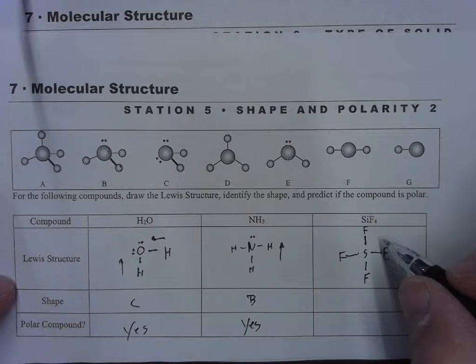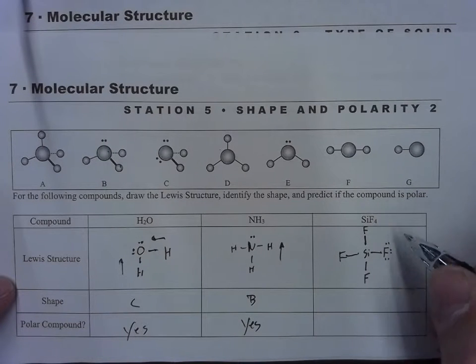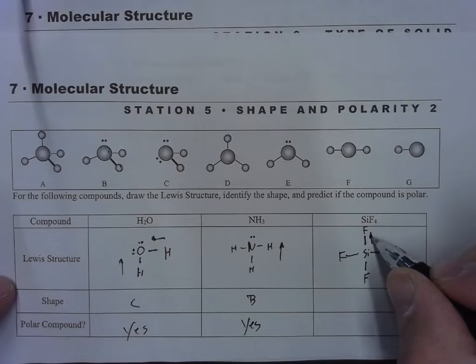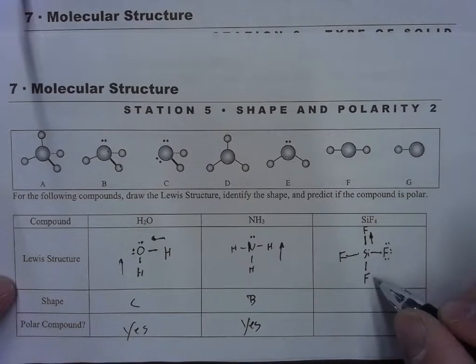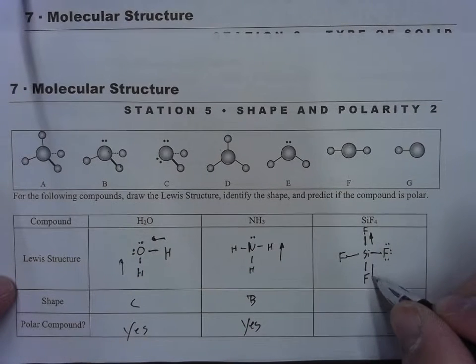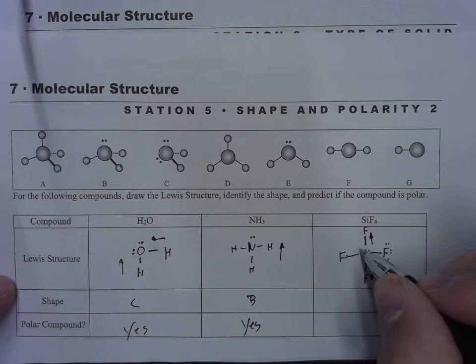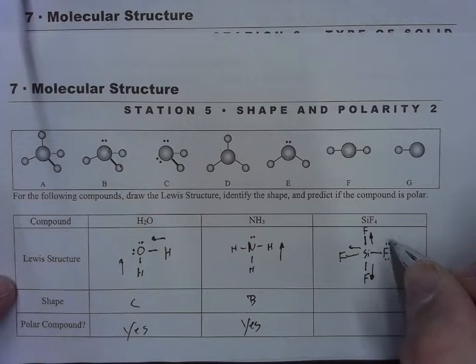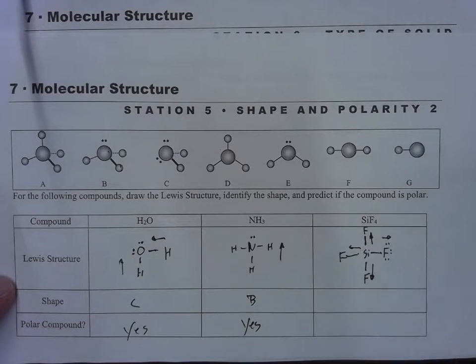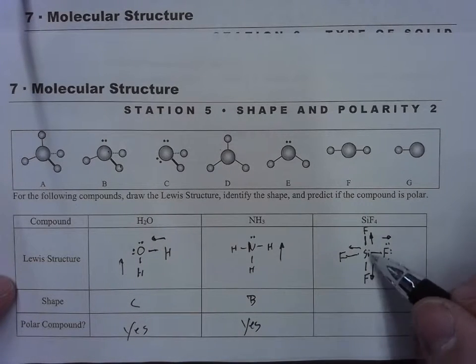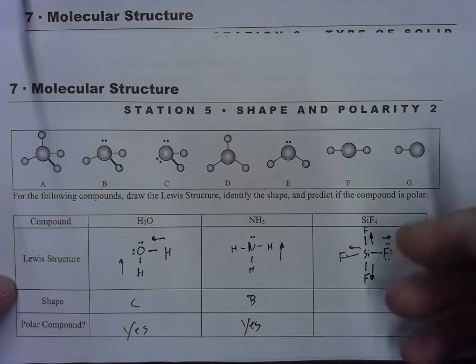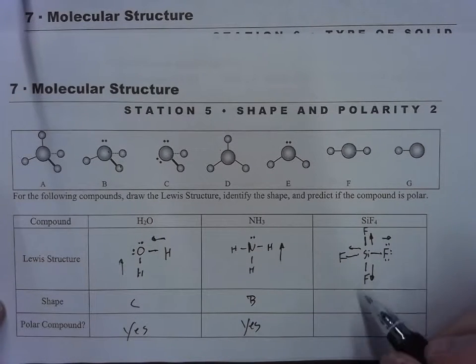Now, that's silicon. Check this out: strong, weak. That means electrons are being pulled towards the strong end. Strong, weak. Same thing in the opposite direction, this way and also that way. So you should note that all of these fluorines are canceling each other out. The shape is A.